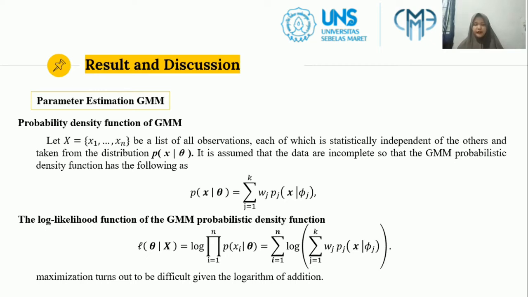Two, determine the log likelihood function of the GMM probabilistic density function. The log likelihood is like this. Maximization turns out to be difficult given the logarithm of an addition.